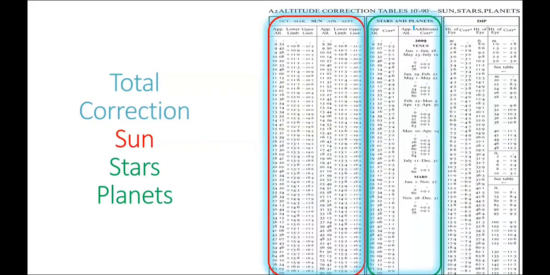Now, important thing to remember here is that when you are applying the total correction for Venus and Mars, remember that this additional correction is additional to the normal correction. Okay, the normal correction will definitely be applied, the additional correction will be applied extra along with it. Don't forget to apply the normal correction.